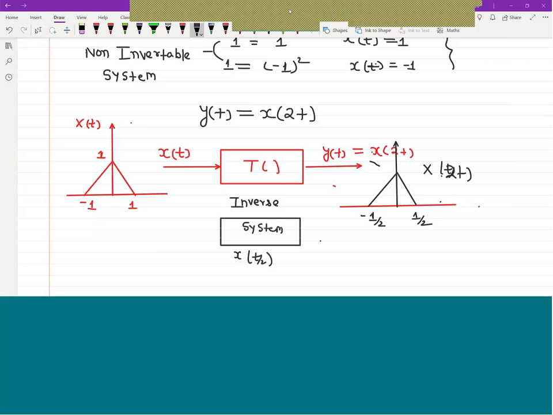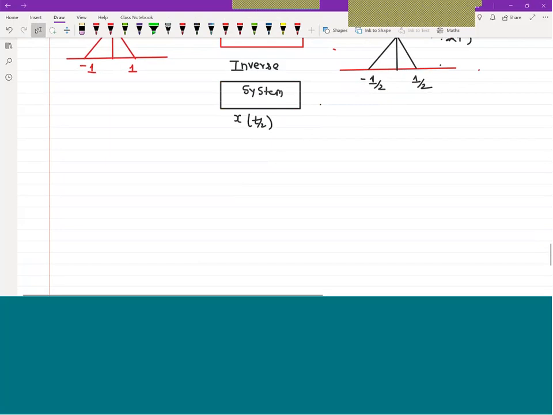Okay, I have one more system, which is y(t) equal to d by dt of x(t).